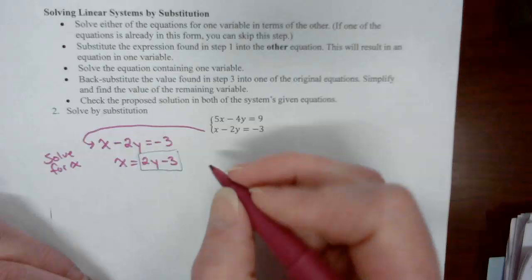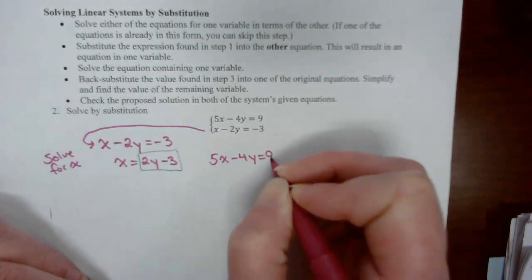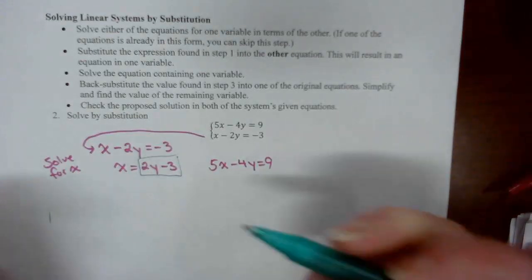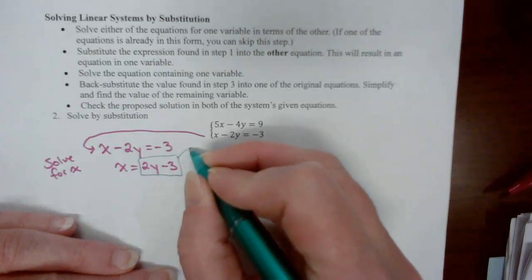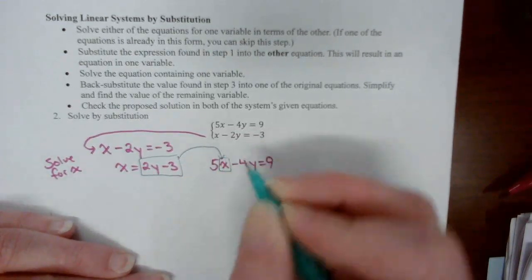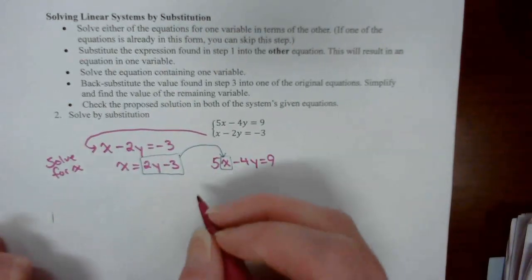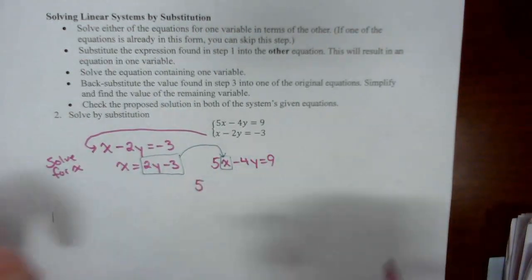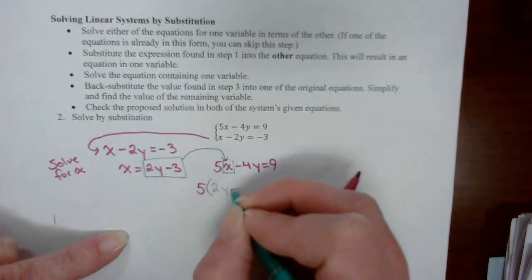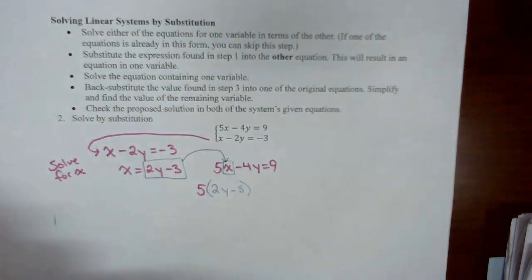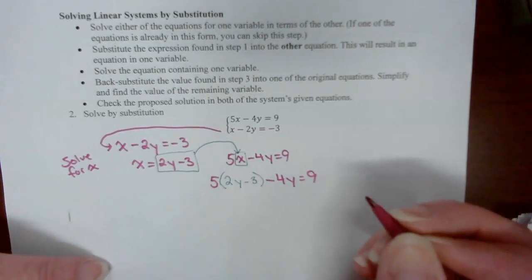So let's look at equation 1, the one we didn't mess with. What this means is this x, since this is what x equals, I can replace this x with 2y minus 3. And I always replace it in parentheses because you're substituting it in, so keep those parentheses.